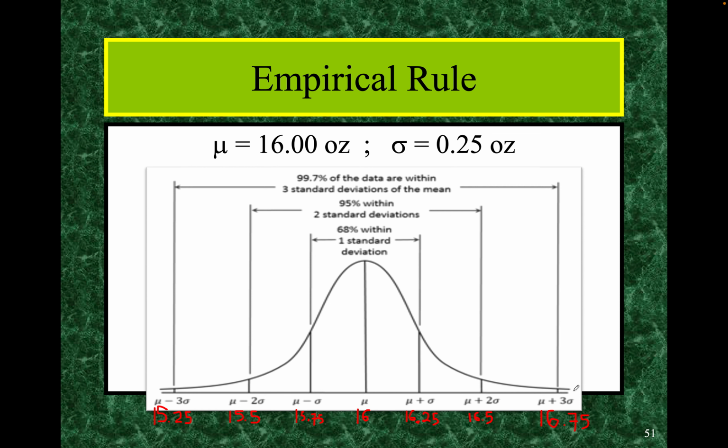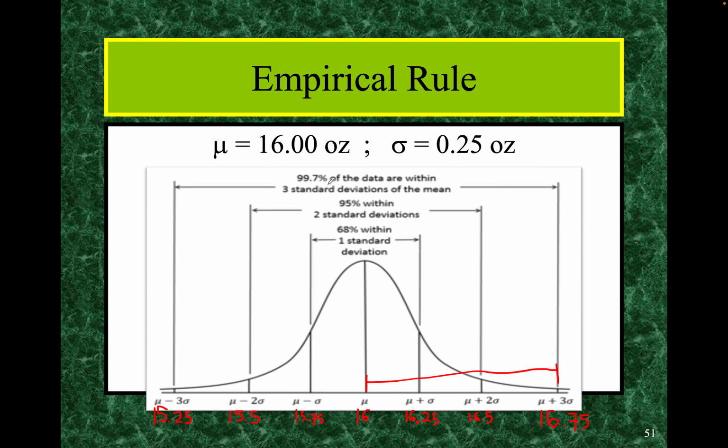Let's have a trick question. How many percent of the data fall within 16 up until 16.75 ounces? How do we know that? Since we know that 3 SD is 99.7, you divide this by 2, because that's just half of the plus-minus 3 SD.